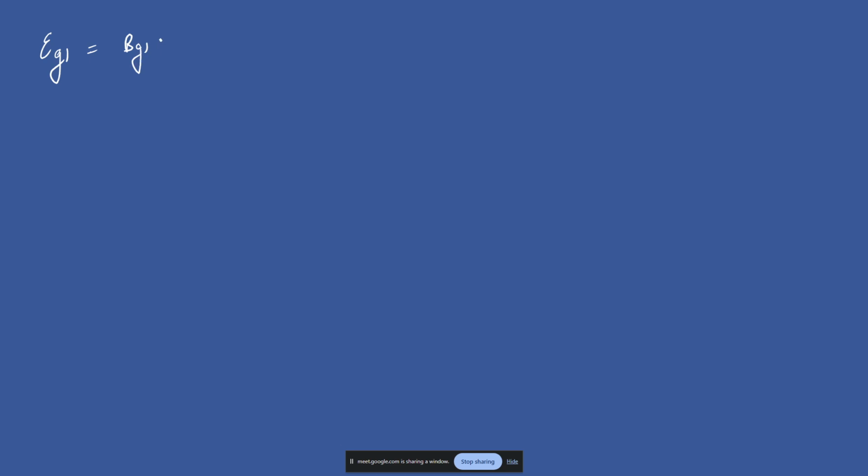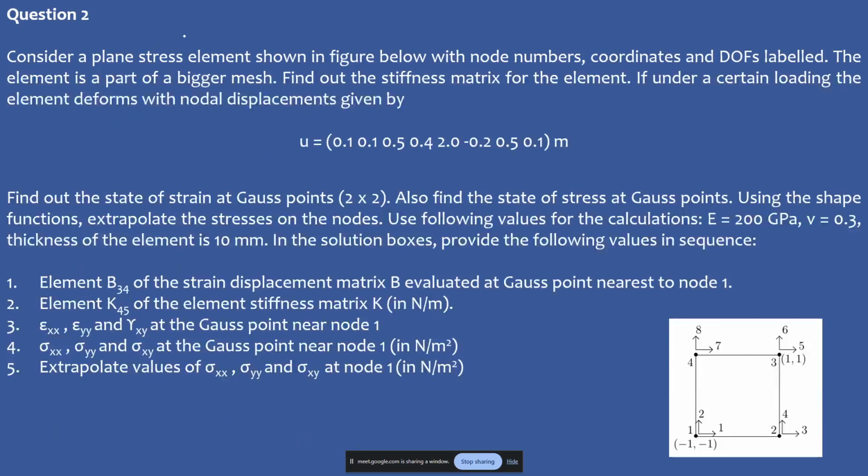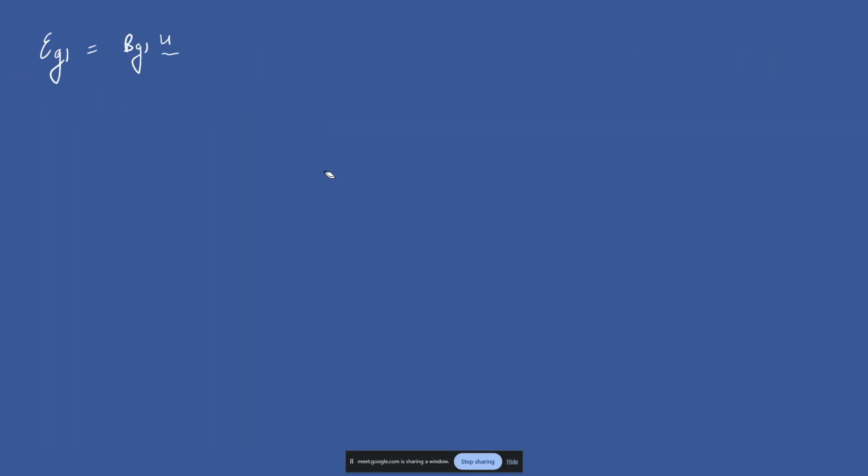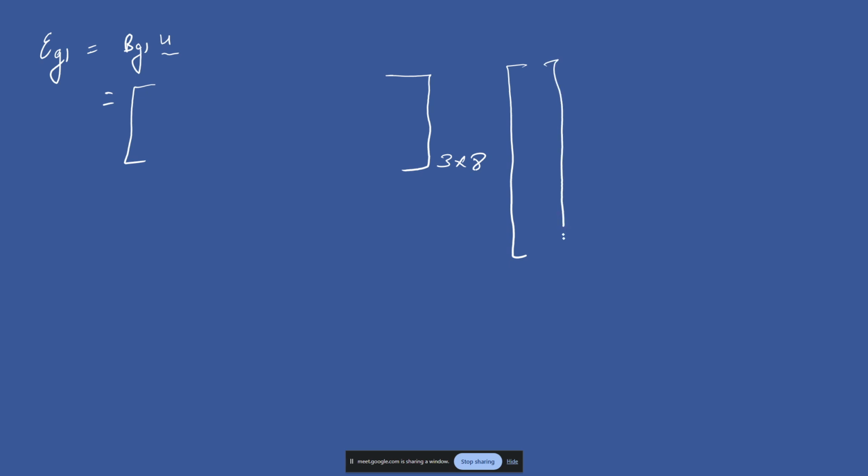That will be your strain displacement matrix multiplied with your displacement vector u. The strain displacement matrix is 3 by 8, multiplied with the displacement vector, which is 8 by 1, and that gives you the strain, which is 3 by 1.